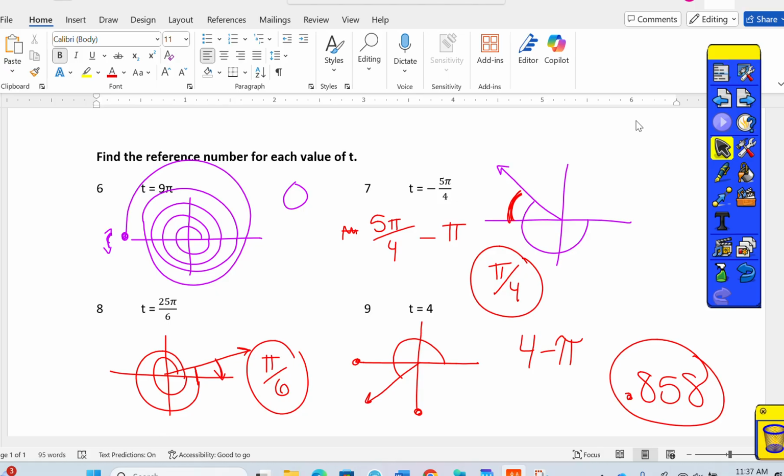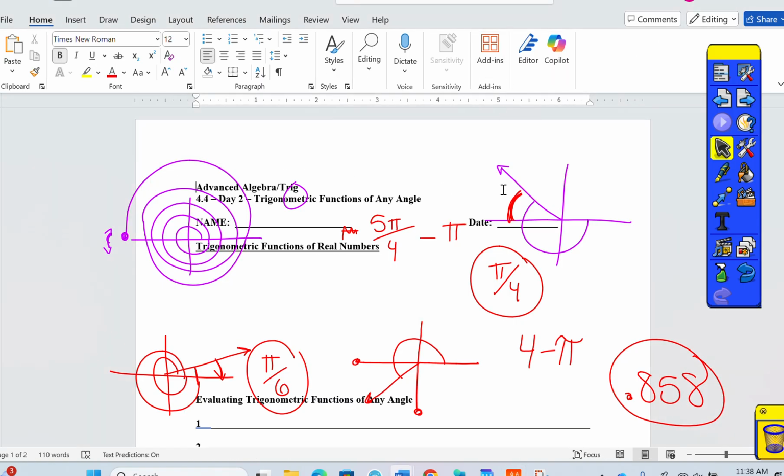There's only a front, so it won't take you very long. Tomorrow we're going to review, and then Thursday we're going to take our test. It's all on right triangle trig though. A couple of reference angle questions. We'll review tomorrow so you'll know what you're doing.